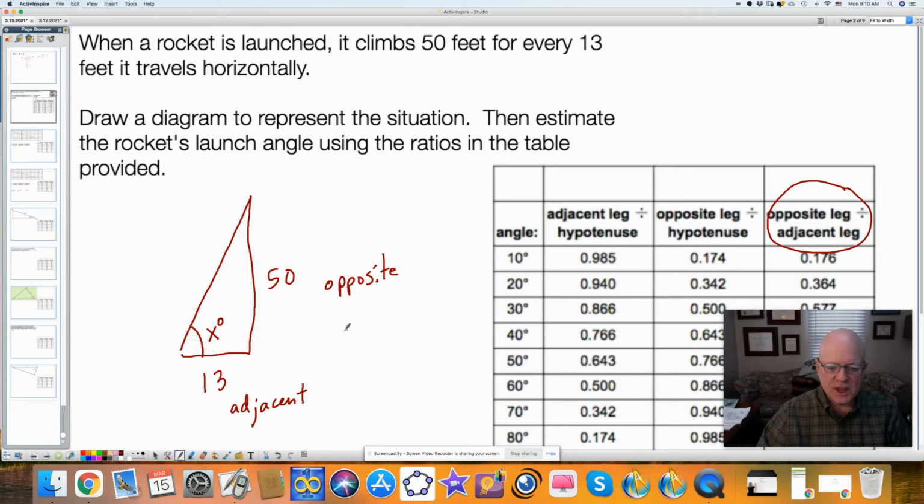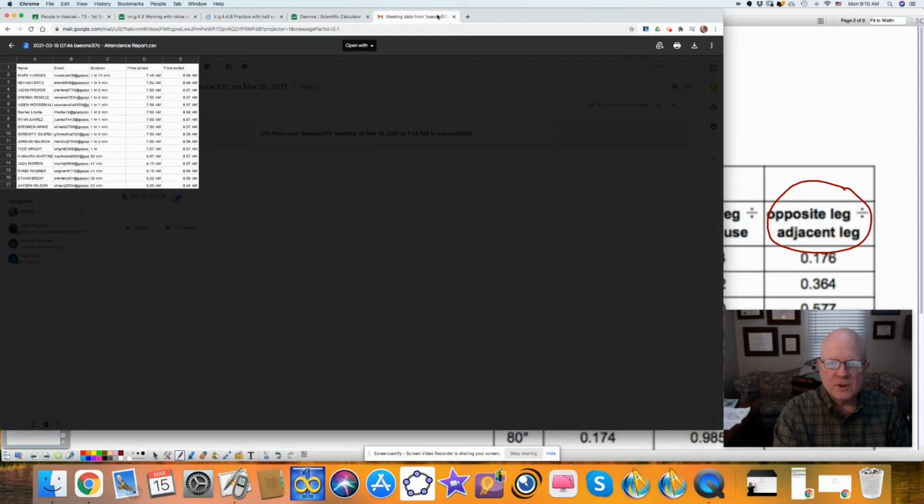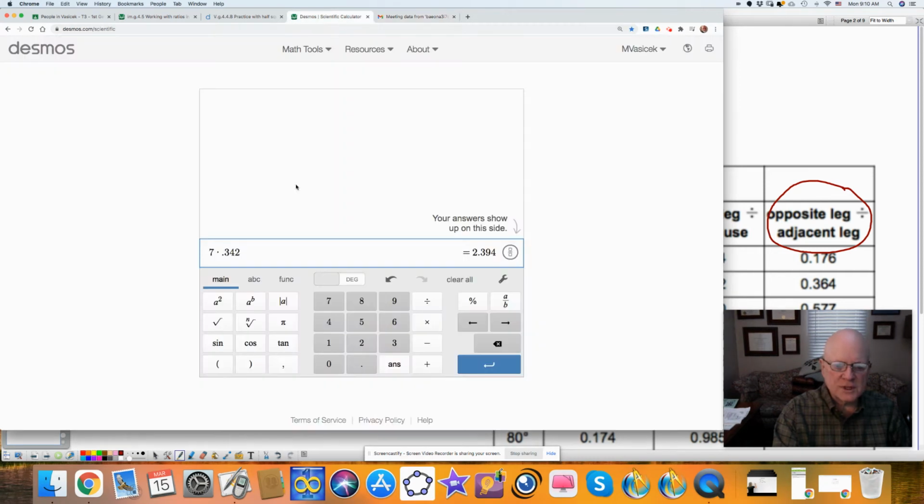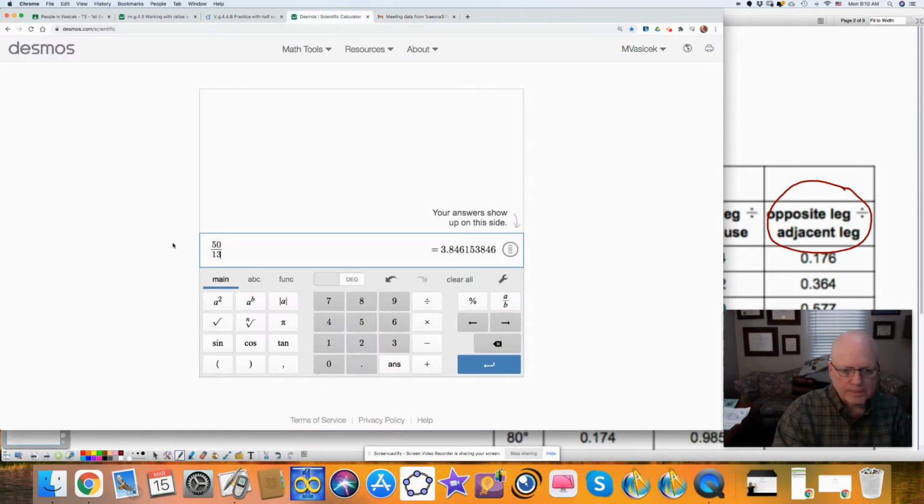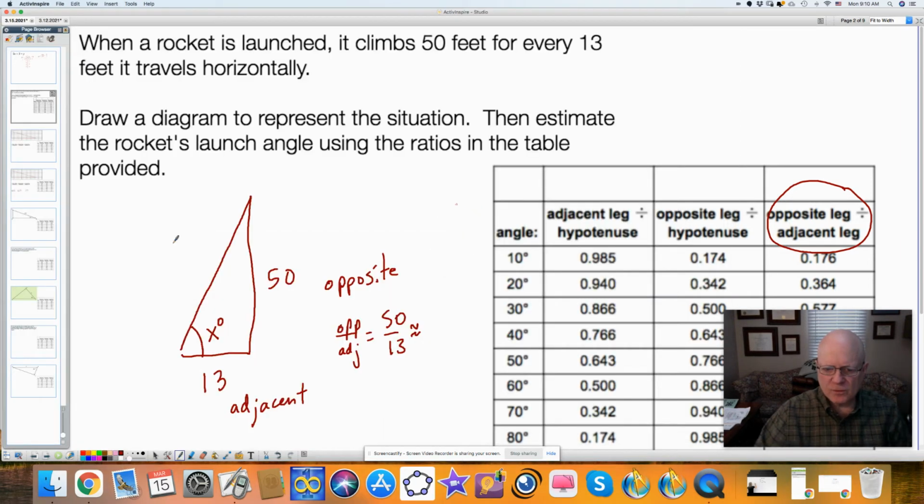Well, let's calculate that. The opposite over the adjacent is equal to 50 over 13, which is not in my ratio. This is a ratio. These are decimals. So I need to write this as a decimal. So this is approximately how much? Let's put it in a calculator. Do 50 over 13. I get 3.85, roughly, to 2 decimals.